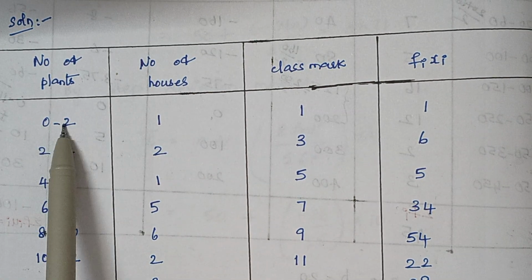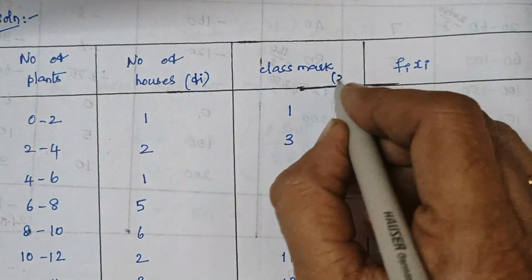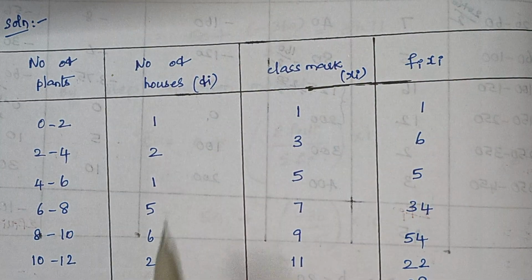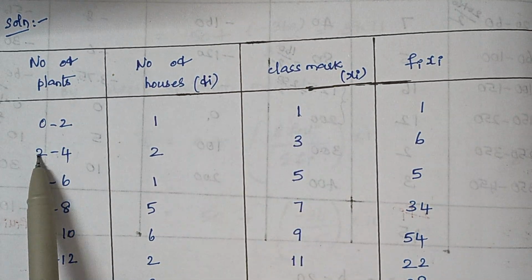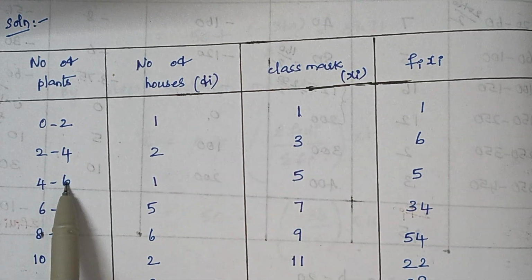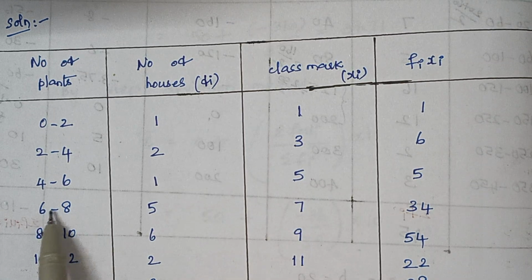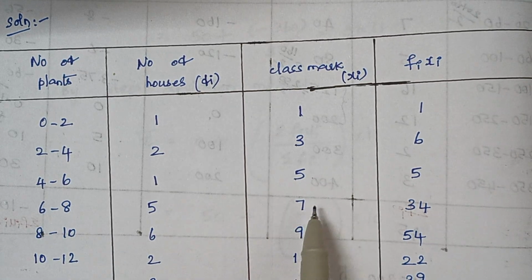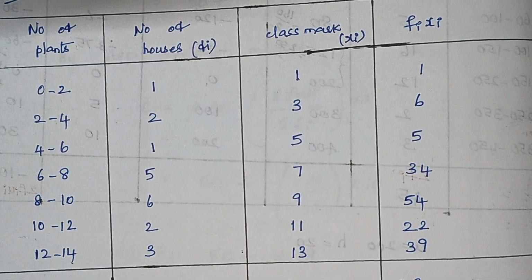So 0 plus 2 is 2, and 2 by 2 is 1; this is your Xi, and this is your Fi. Here 2 plus 4 is 6, and 6 by 2 is 3. And 4 plus 6 is 10, and 10 by 2 is 5. And 8 plus 6 is 14, and 14 by 2 is 7. Similarly, write down all the values.